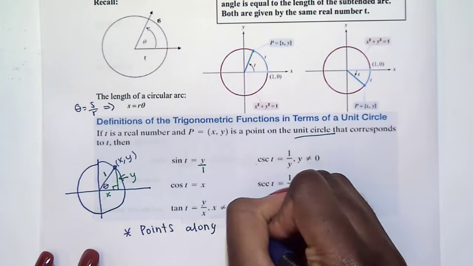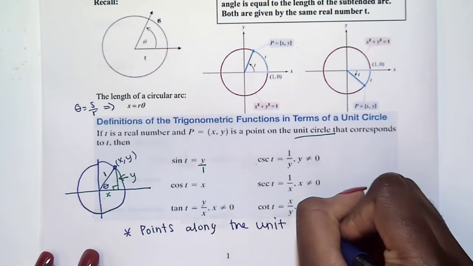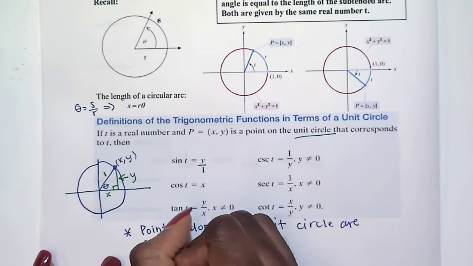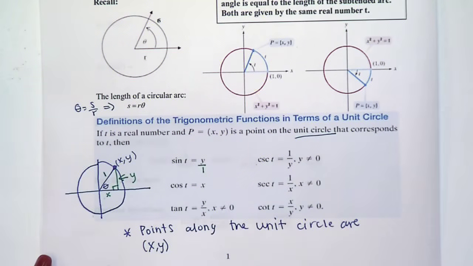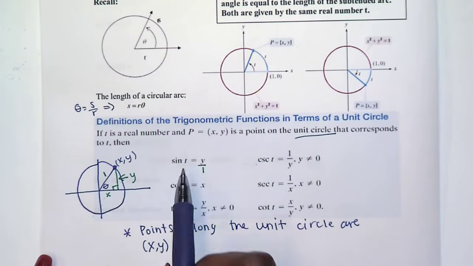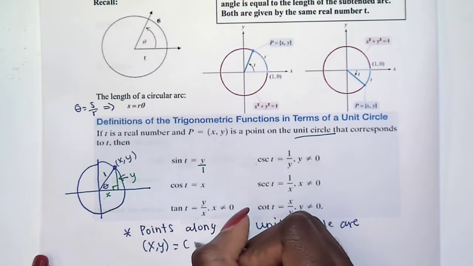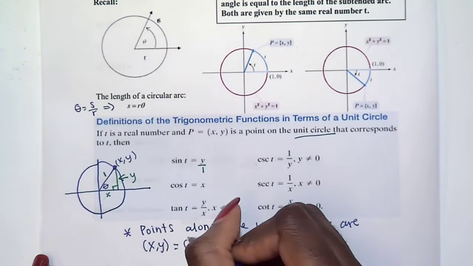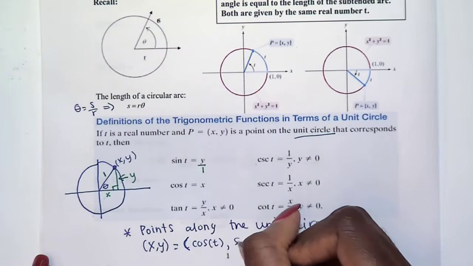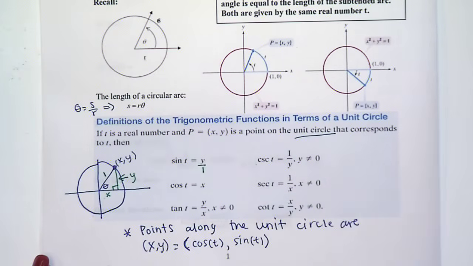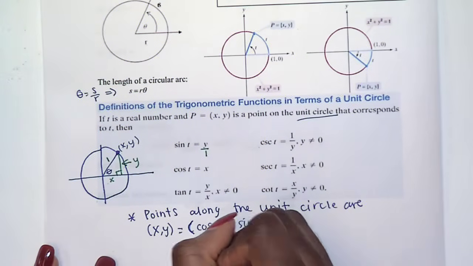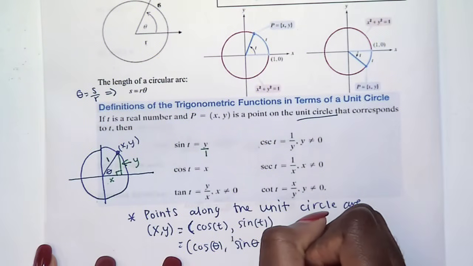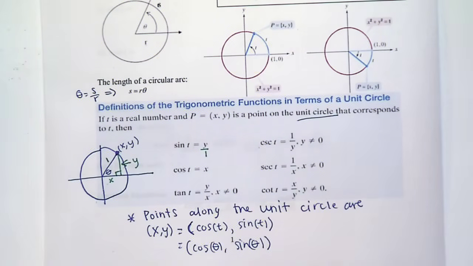Points along the unit circle are x comma y, which as we see above, x is cosine of our angle and y is sine of our angle. This is the same thing as cosine theta comma sine theta. So that is how all of our points on our unit circle look.